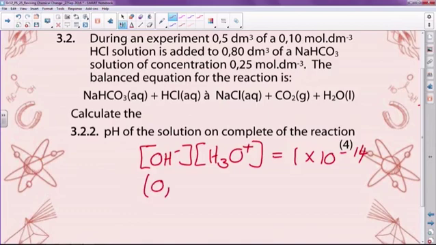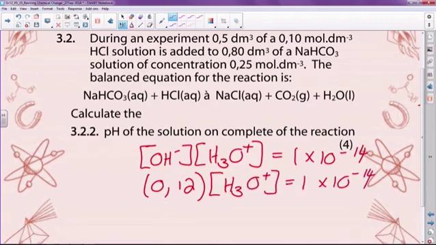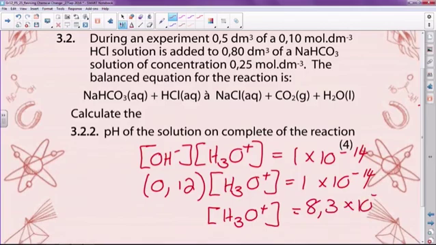I know that the OH minus is 0.12. H3O plus is what I'm looking for. Now I divide by the 0.12, which I have worked out already. Give me a second while you work it out before you come. So we get 8.3 times 10 to the minus 14.